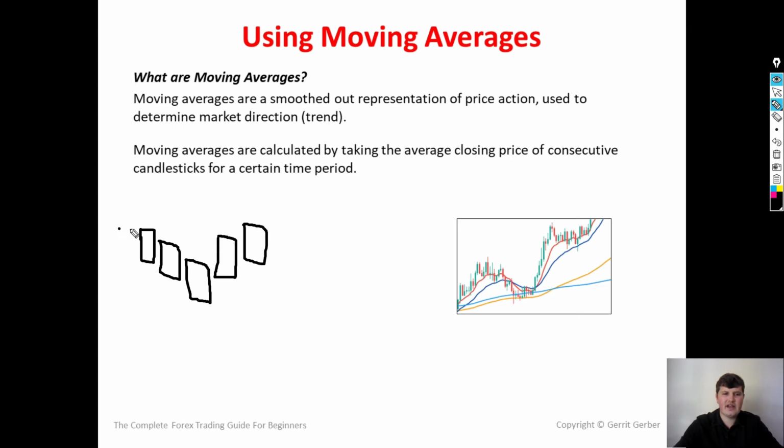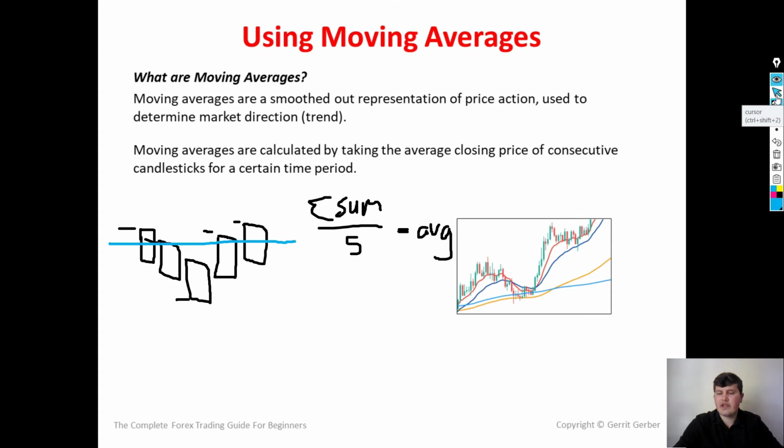Each candlestick has a different closing price, and we just take the sum of the 5 candlesticks divided by the total, in this case 5, and that gives us the average closing price of this move. So let's just say, for example, the average closing price was over here. So by determining the average closing price of consecutive candlesticks for a certain time period, you can determine the moving averages.